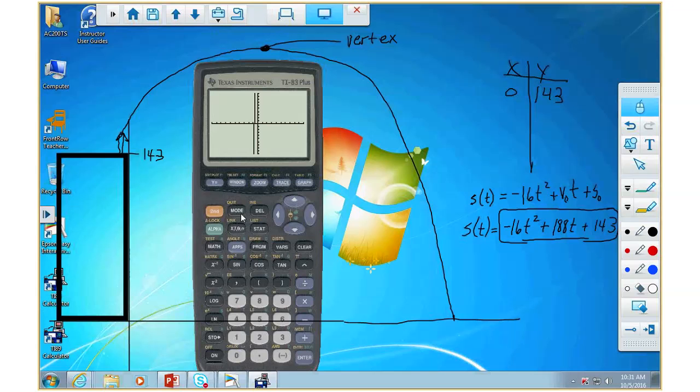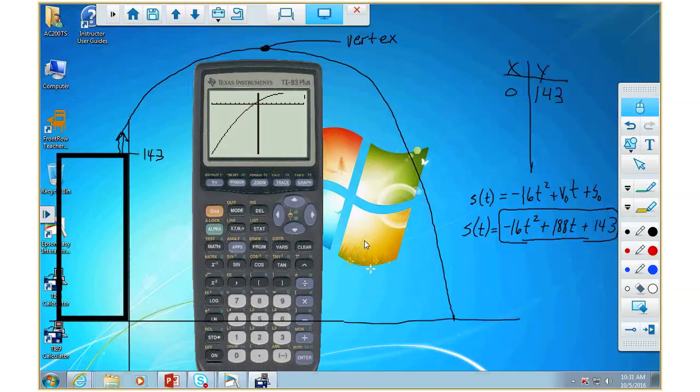Let me look at zoom. There's another zoom that you can use. It's not zoom standard. Zoom fit. Without going to the top. There you go.